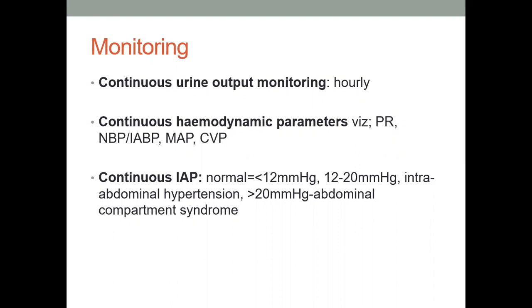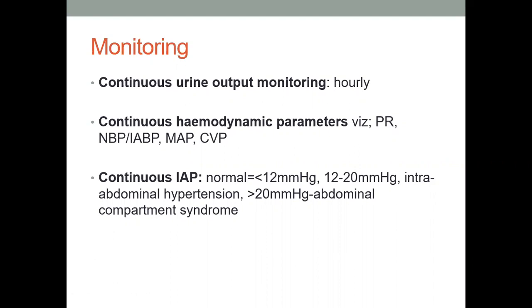But if you are not transducing in other cases, continuous sampling of your arterial blood for ABG is an indication for setting an A line. So every patient that comes into our unit must have a central line and A line set up. I don't know what the practice is in most of our centers, but this is close to ideal.